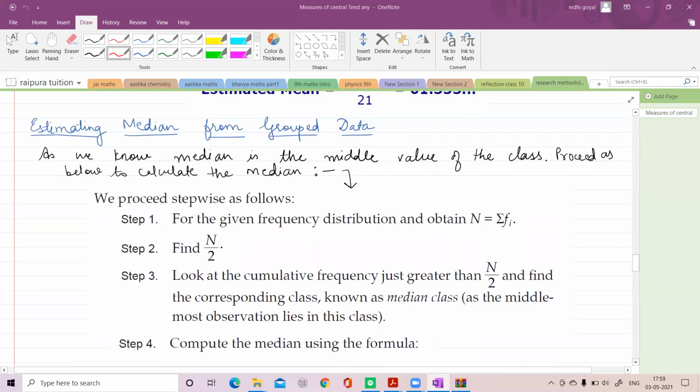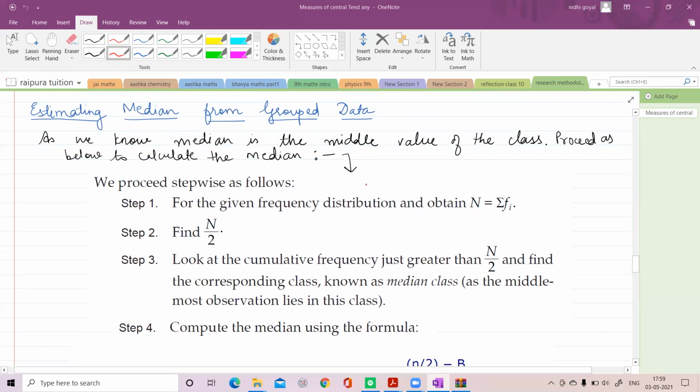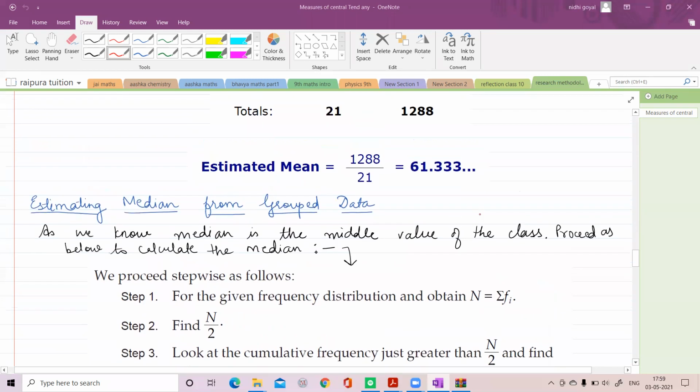Then we calculate the mean like this, and then we have to calculate the median from the grouped data. For this, we need to know that median is the middle value of the class. So we proceed stepwise as follows. First, for the given frequency distribution, we need to obtain n, the summation of frequency.